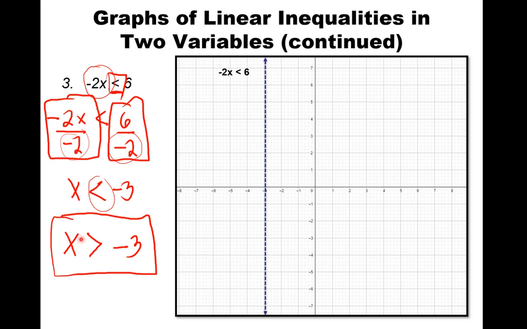And dahil ito ay isang variable lang na involved, hahanapin lahat natin ngayon yung sagot or region dito sa graph na to, dito sa Cartesian coordinate system na to, kung nasaan yung values ng x na mas mataas kay negative 3. And in this case, ang values na mas mataas kay negative 3 ay nasa side na ito. Nasa right side ng vertical line natin.